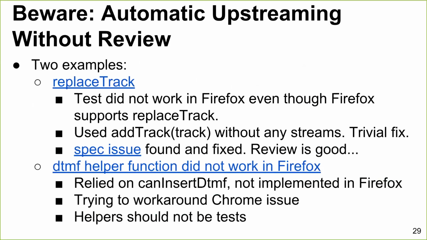I know that we have something like that on the Firefox side, and I think it's a policy thing that small fixes can be upstreamed automatically through the process, and new tests are not supposed to go that way. No, there's no such policy on the Chrome side, at least. Okay, but I think that's the problem, right?